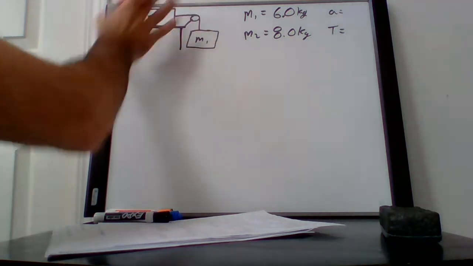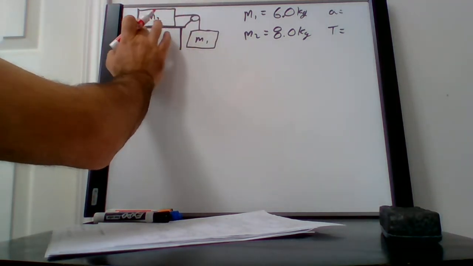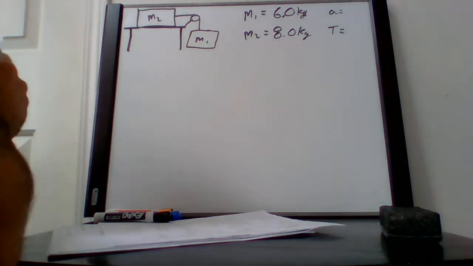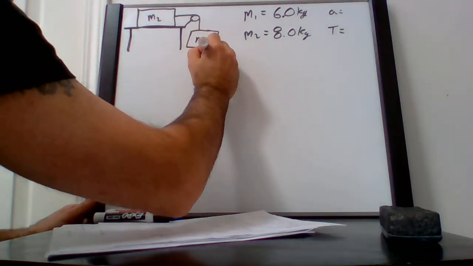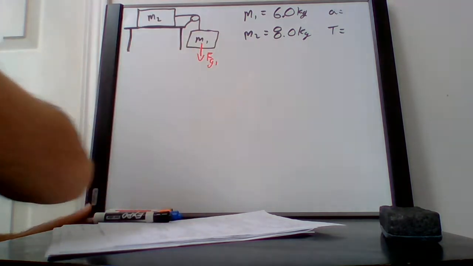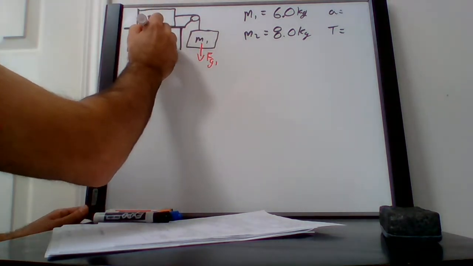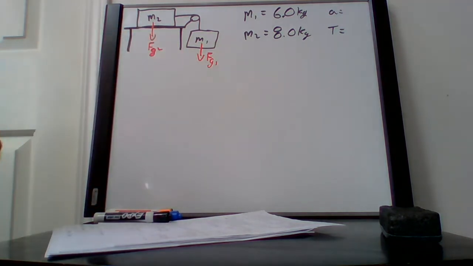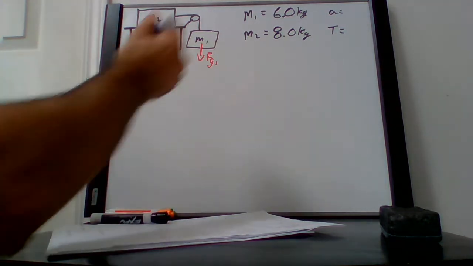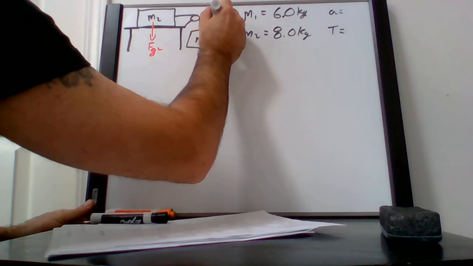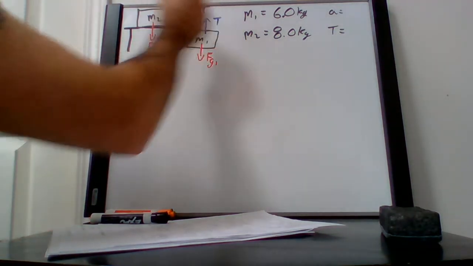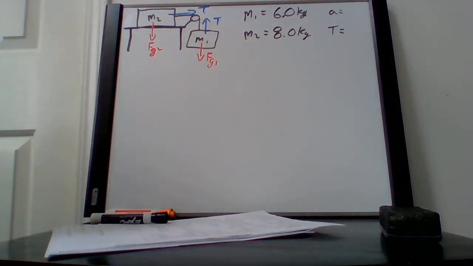Well, let's draw our free body diagram on here, and then we'll lay it out horizontally and draw it that way as well. So I have Fg1 acting on this mass, and I have an Fg2 acting on this mass. I have tension going up the rope here, and I have tension coming out of the block, sorry, going that direction, right?